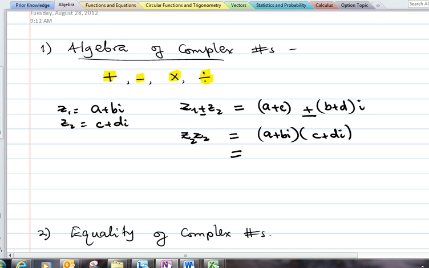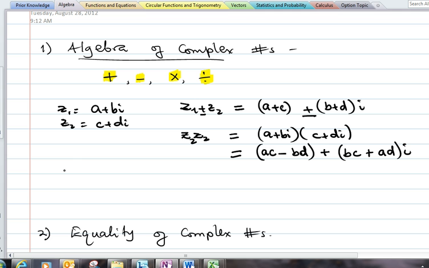Hopefully you are able to get the final result of ac minus bd as the real part plus bc plus ad as the imaginary part.